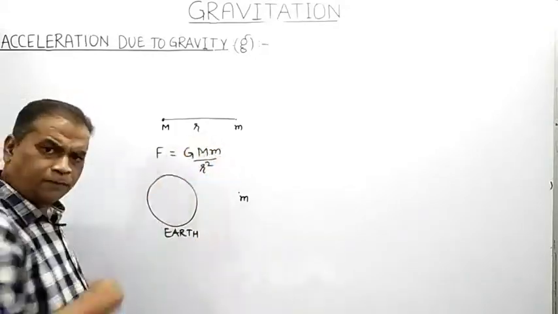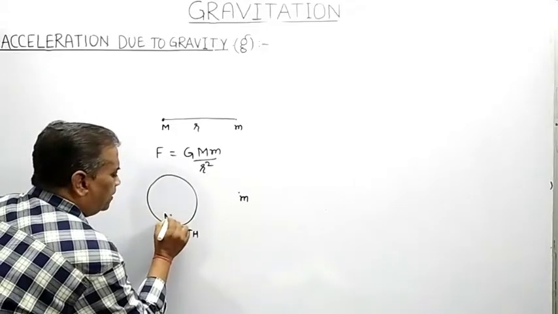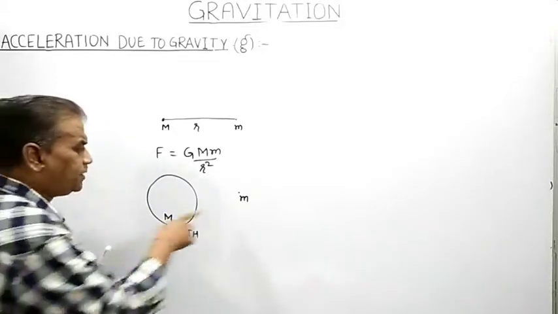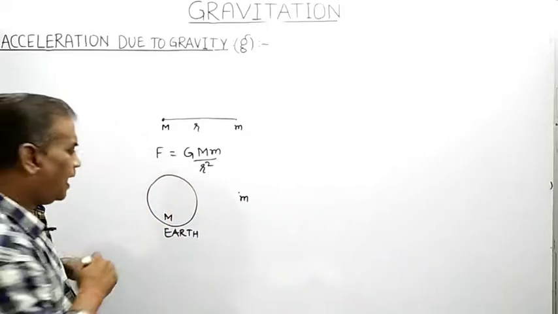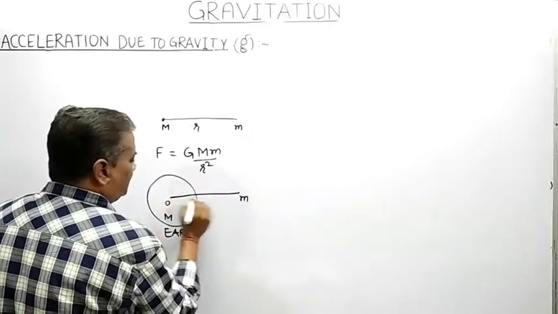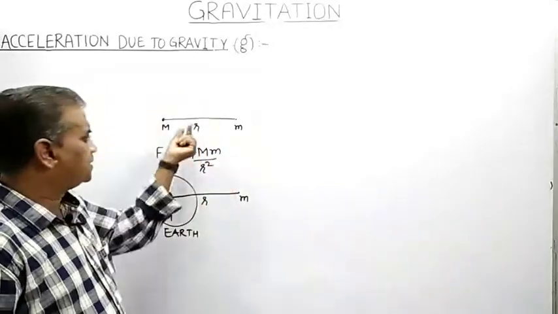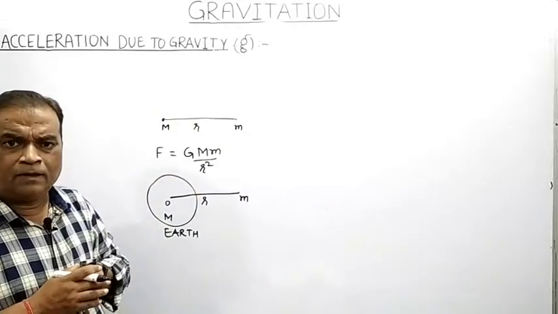We can use the same formula: the mass of Earth is M, the mass of that point object is m, and the distance of that point object from the center of the Earth is this distance r.